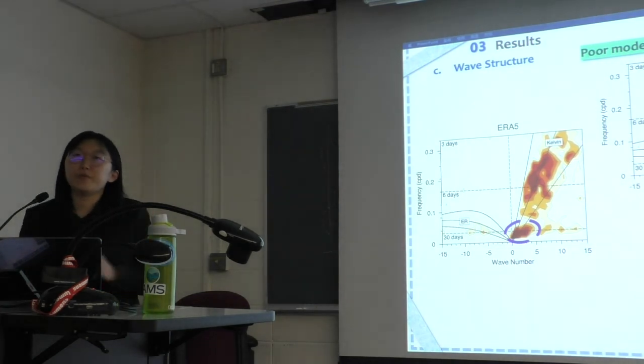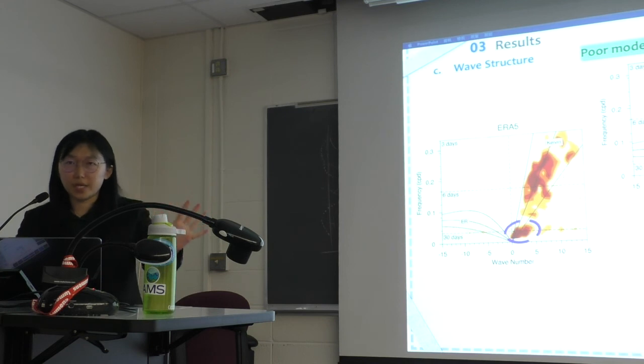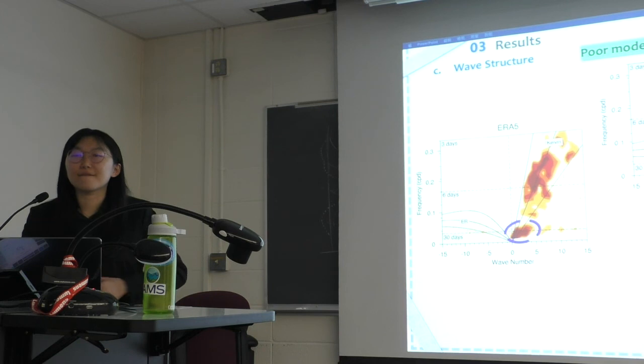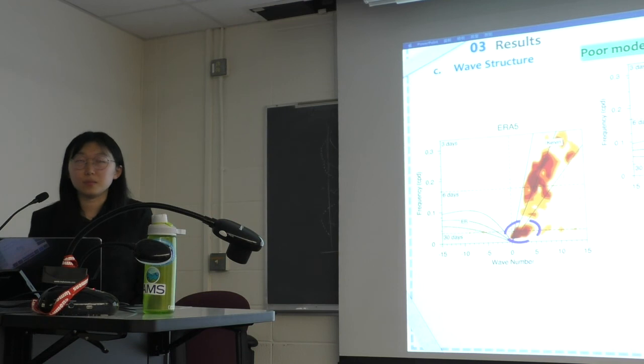You mean we could separate the MJO events into good propagation and non-propagation to compare them? Yeah, I was just wondering if your results are similar in both of those circumstances. I just don't know how to interpret that yet.